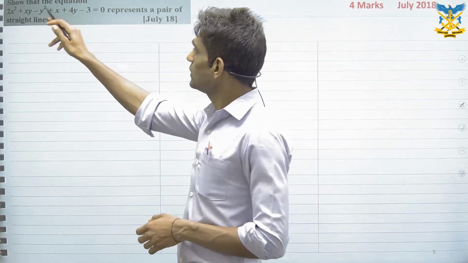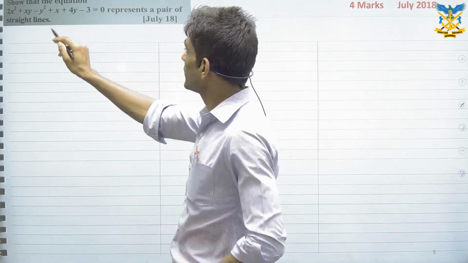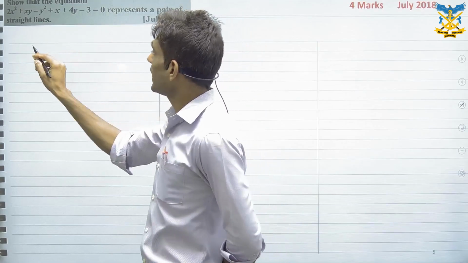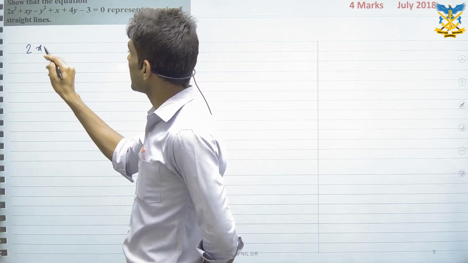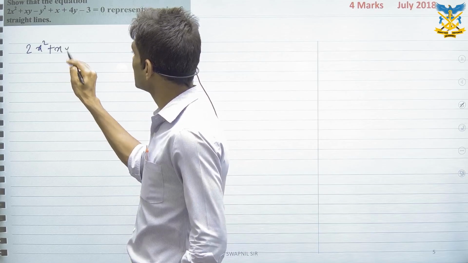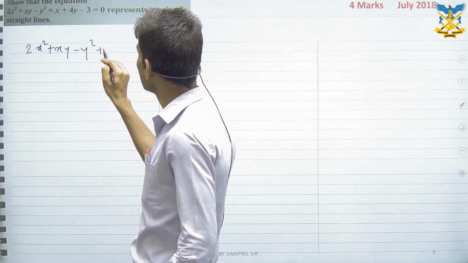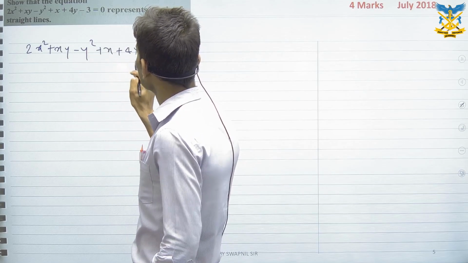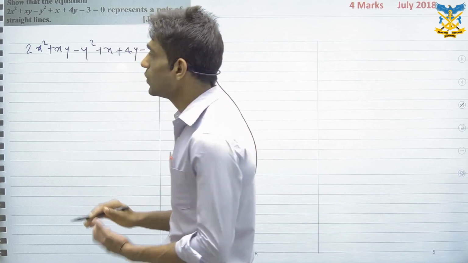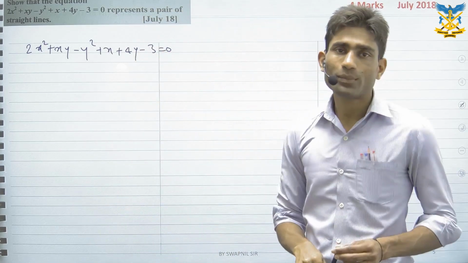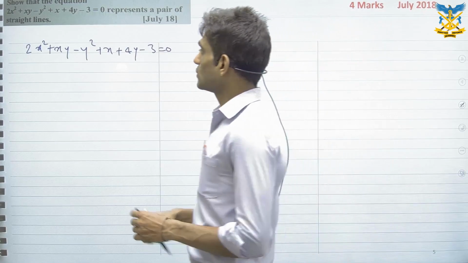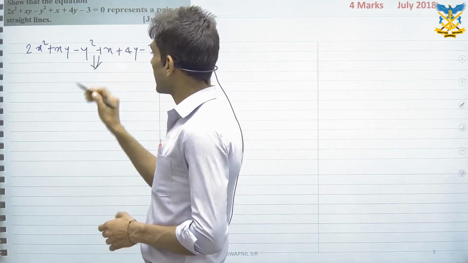We have to show that the equation 2x square plus 5xy represents a pair of lines, okay. So we have the given equation 2 times x square plus x times y minus y square plus x plus 4y minus 3, which is equal to 0, okay.